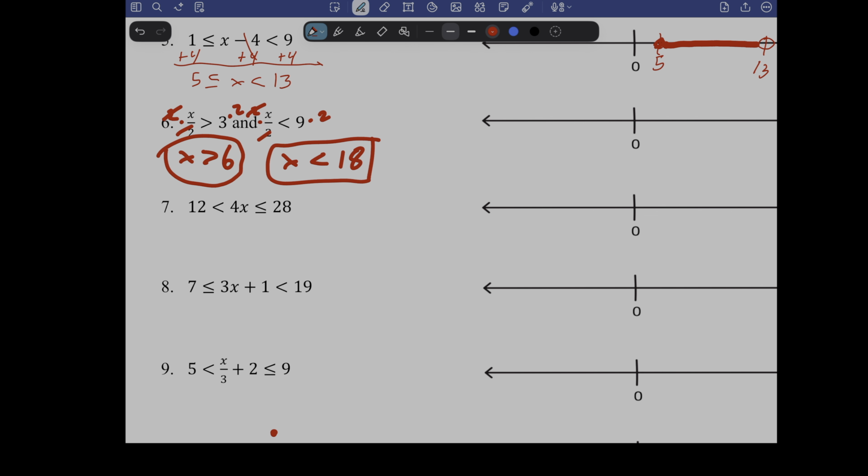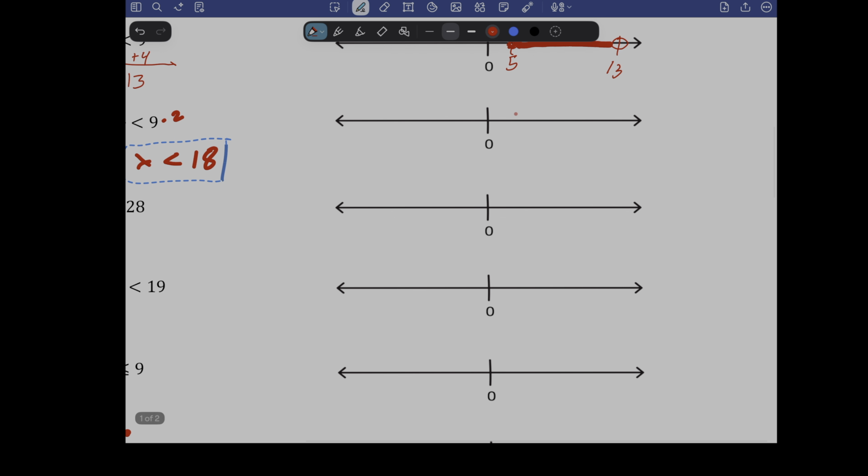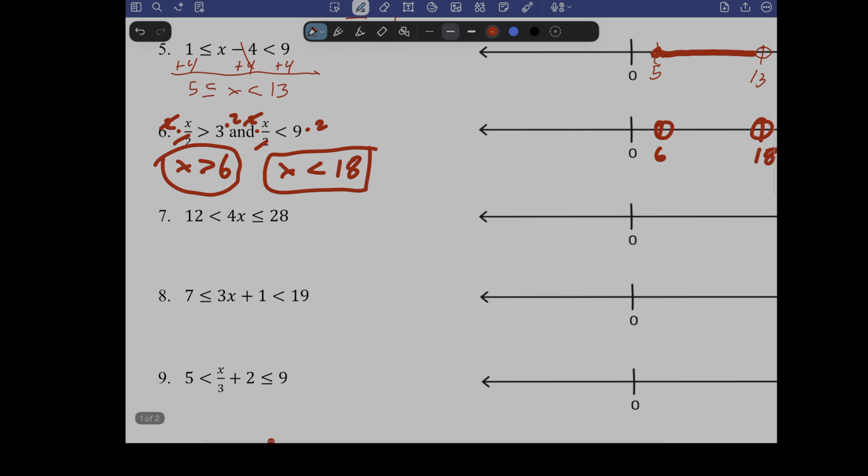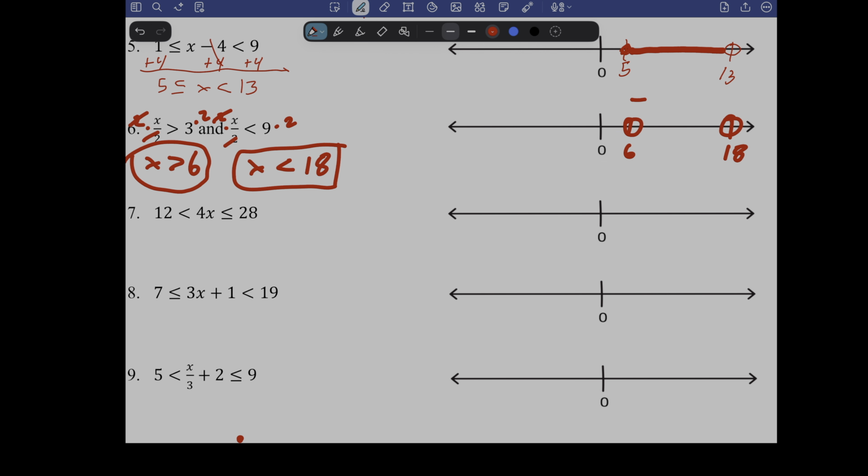Okay, well, these are both going to be holes, aren't they? Well, 6 and 18, it doesn't matter really the scale of this. So I'm going to write my 6 there, and I'm going to write my 18 there. And I know that these are both going to be holes. They have to be because there's no equal sign. Now, if they're greater than 6, that's that way. And if they're less than 18, it's that way. So this is one of those in-between problems.